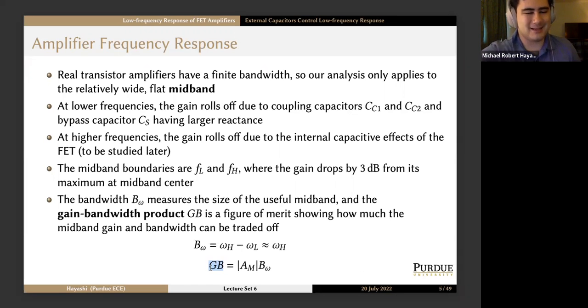So it's some indication of the quality of the components you're using and how smart the topology actually is. We don't calculate it very often though, because it requires a lot of work. But if we had the midband gain and the bandwidth, it's fairly easy to calculate. Just multiply the two, hence the name gain bandwidth product.